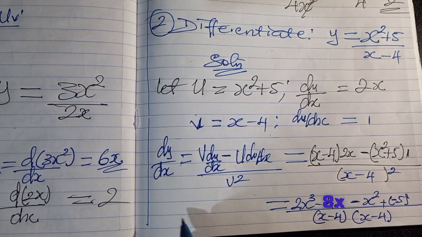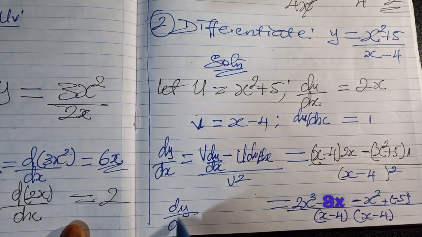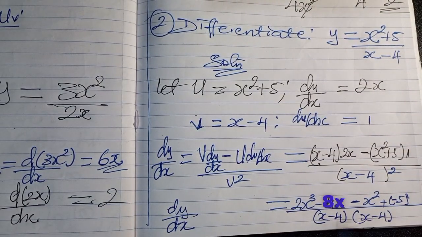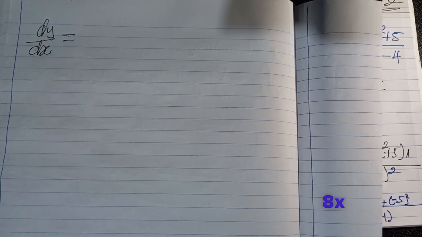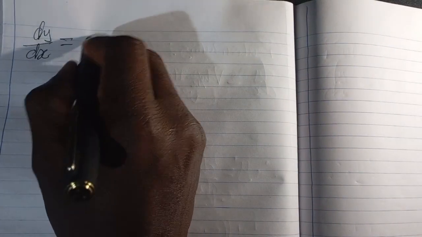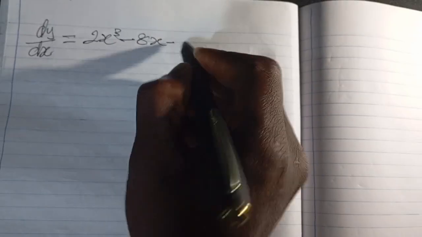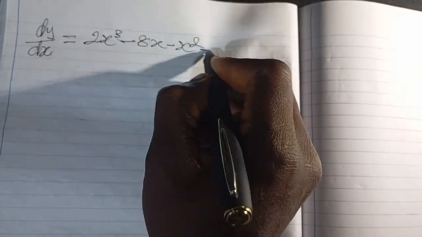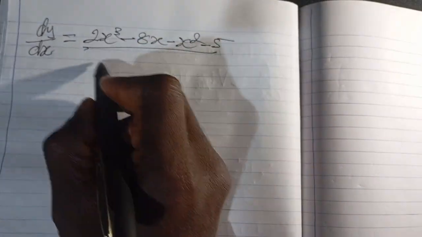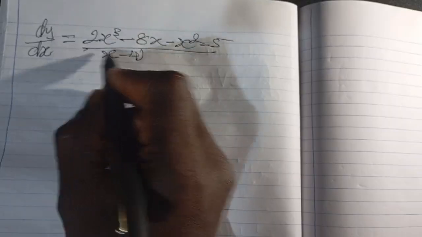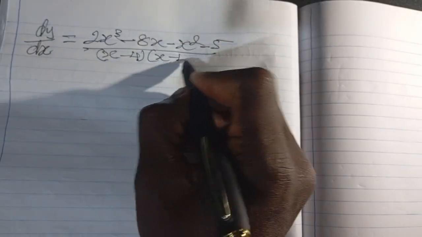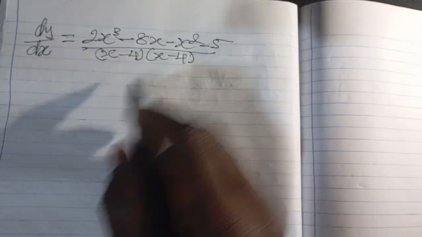That is the value of dy/dx. We can still further express it properly. We had dy/dx as 2x raised to power 3 minus 8x minus x raised to power 2 minus 5, all divided by x minus 4 bracket x minus 4. Remember, this is a perfect square.